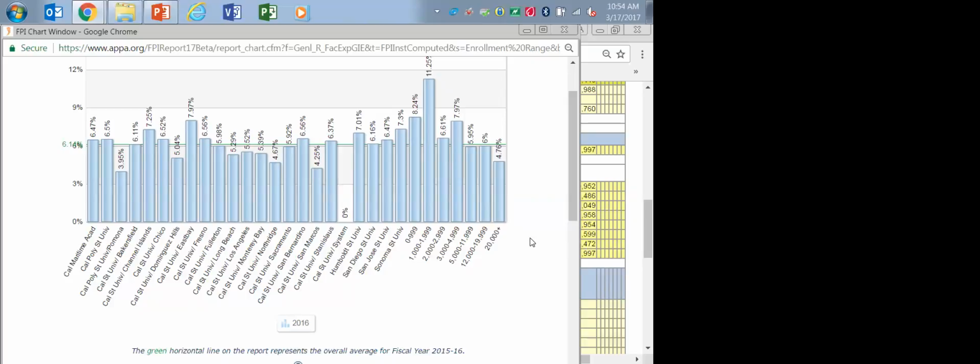As you can see on the graph, in the 5 or 6 data points to the right, the smaller the campus, the less student population, the larger the percentage is for the facilities operating budget. And that equates to the smaller campuses in our system also.